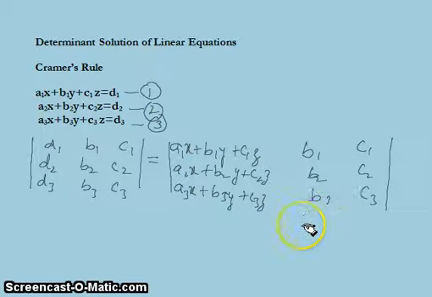Now, the determinant on the right hand side can be further broken up into three determinants by using the property which states that if each entry in a row or column of a determinant is written as the sum of two or more terms, then the determinant can be written as the sum of two or more determinants.